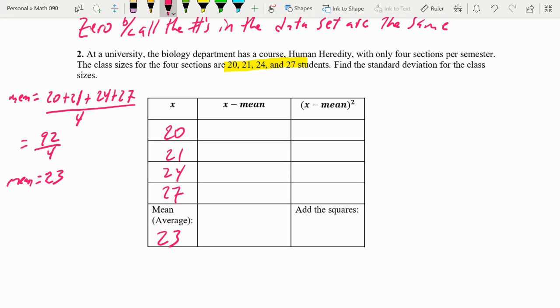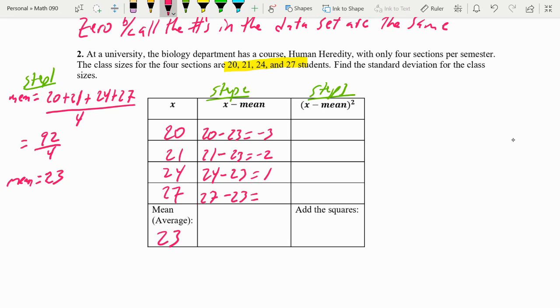Step 2. There's step 2. Remember, there's step 3. This was step 1. So 20 minus 23 gives me -3. 21 minus 23 ends up with -2. 24 minus 23, 1. Sorry, guys. I know I shouldn't be talking through this whole thing. Now we're squaring.